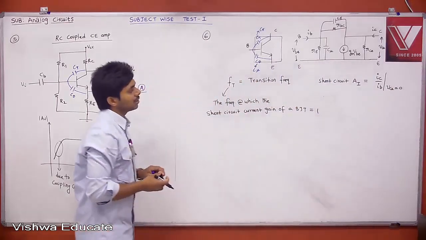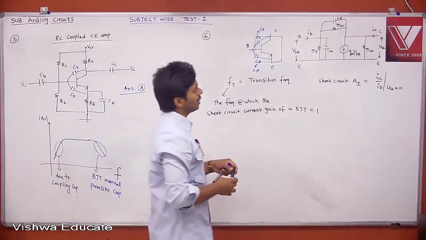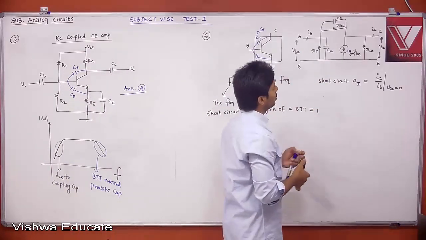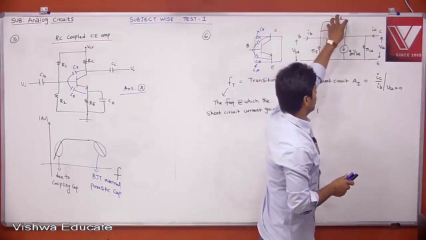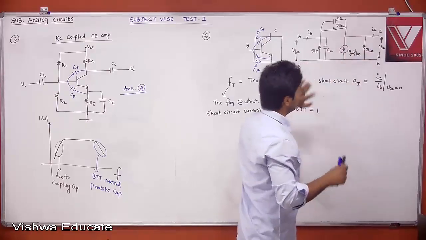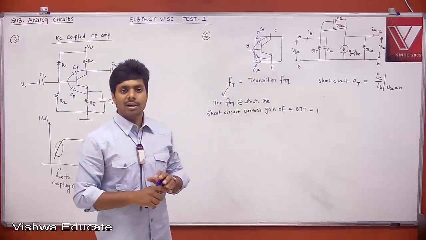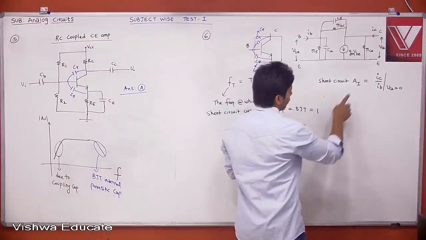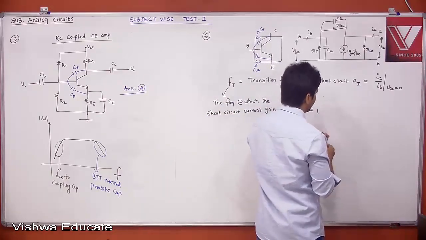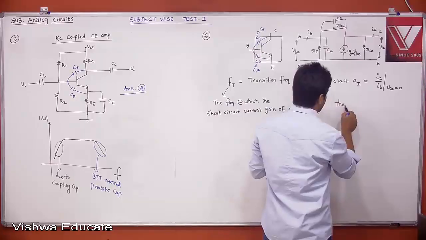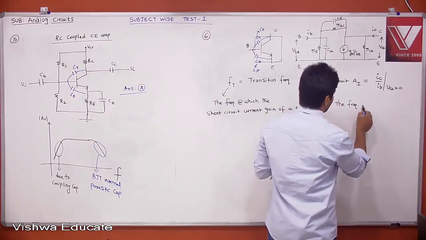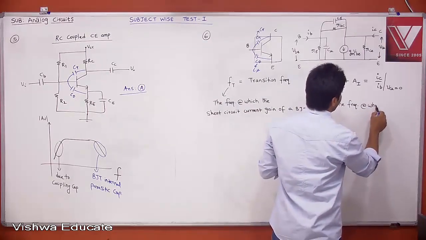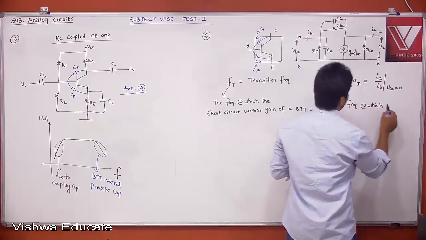You can calculate that using KCL, KVL. You treat it like Z1, Z2, Z3, and then calculate. It is simply finding the transfer function. Once you know the transfer function, the frequency at which your current gain is equal to 1, that is the frequency at which your short circuit AI is equal to 1.